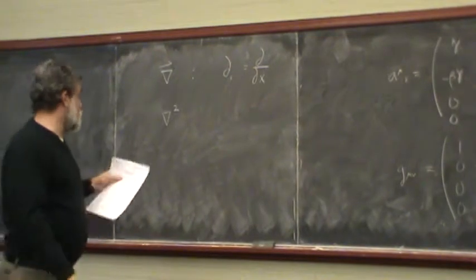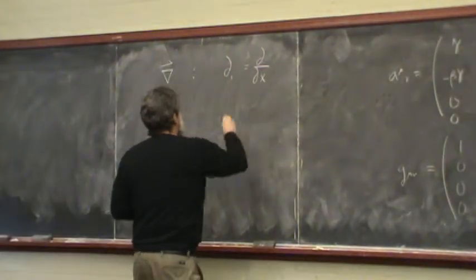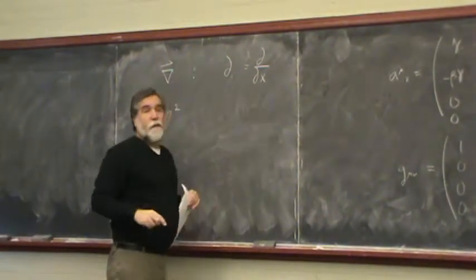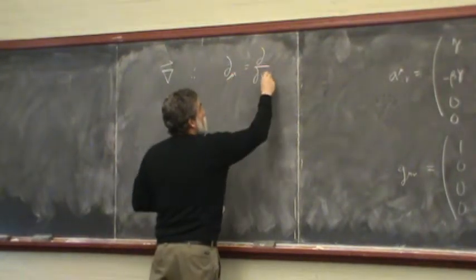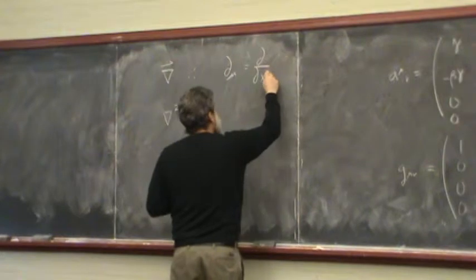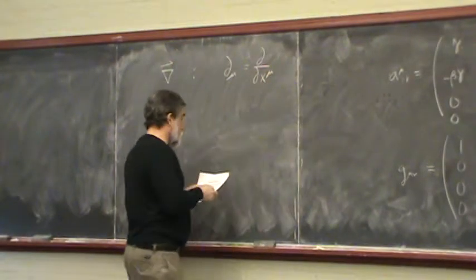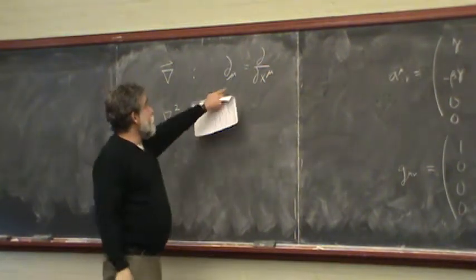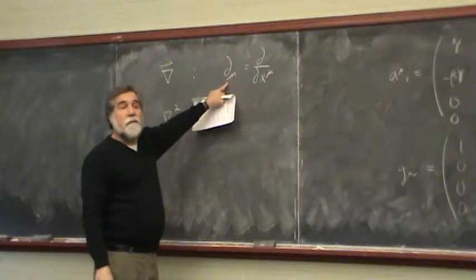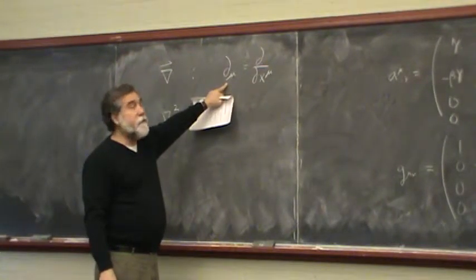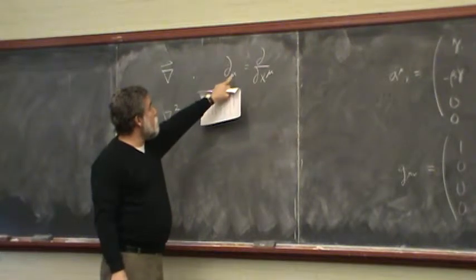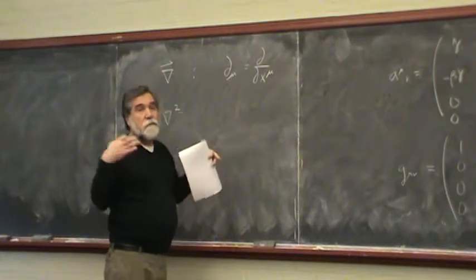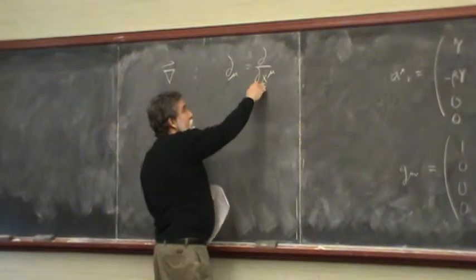And if I want all derivatives in all four coordinates, then I could write a vector, which is the partial of a quantity with respect to each of the coordinates.